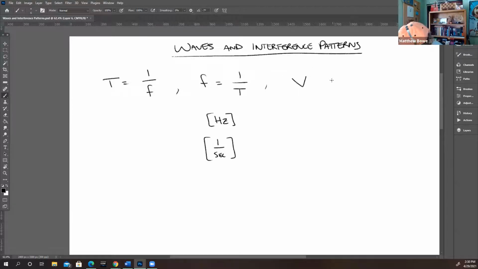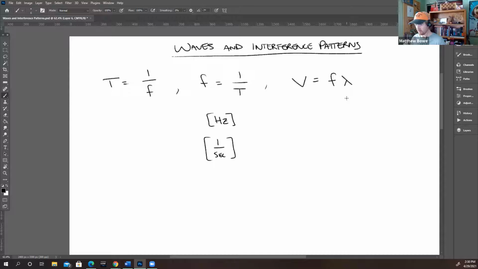The other equation is the velocity of a wave is equal to the frequency of a wave times its wavelength. You might think that these equations are for a wave on a string. They're also applicable to any type of wave.